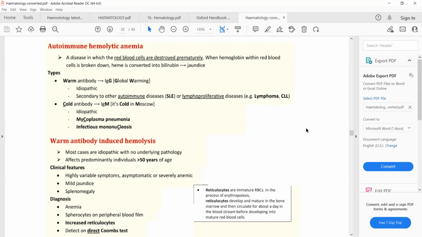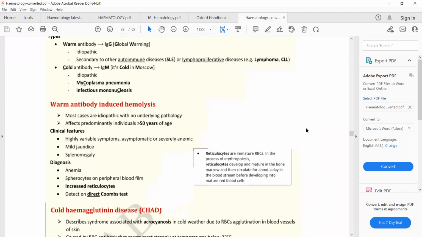So cold antibody autoimmune hemolytic anemia is mostly idiopathic, but it can be associated with Mycoplasma pneumonia infection and infectious mononucleosis. So Mycoplasma pneumonia and infectious mononucleosis: cold antibody autoimmune hemolytic anemia. SLE, lymphoma and CLL: warm antibody hemolytic anemia.